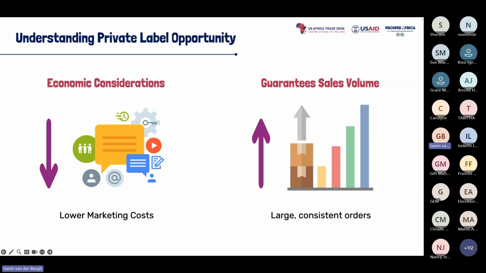Private label agreements often come with contracts that commit to large orders, or maybe not extremely large orders. Maybe it's just a good sized order. But what that does is it brings stability and predictability to your business in terms of revenue. And that, in my opinion, is what is making it extremely attractive for new suppliers and smaller brands.